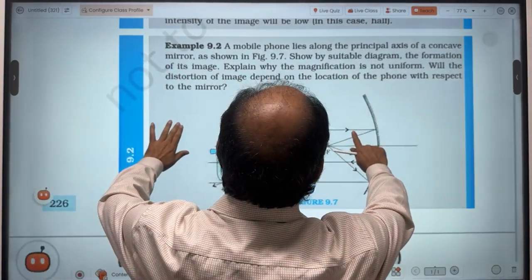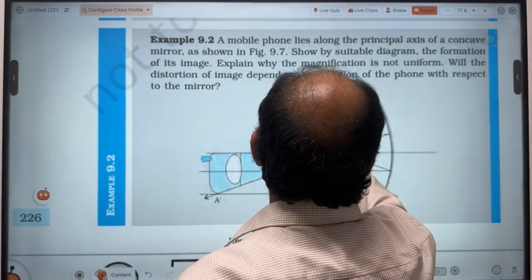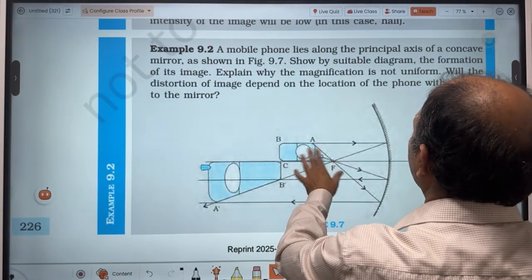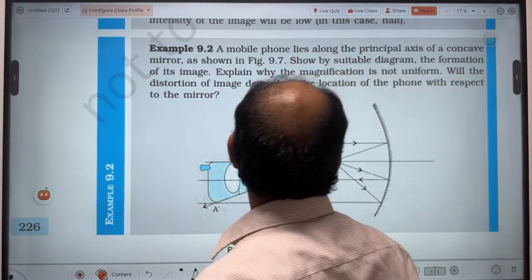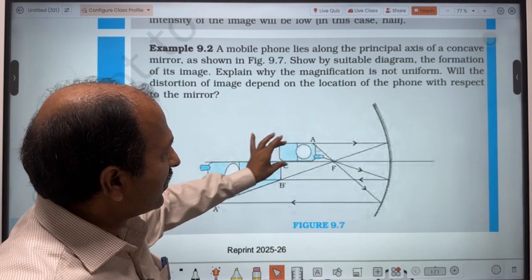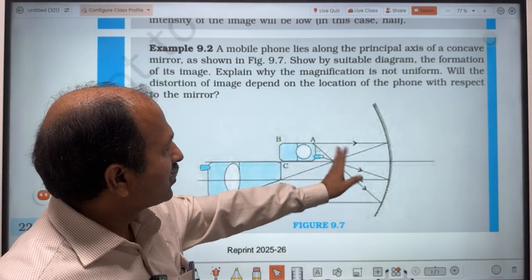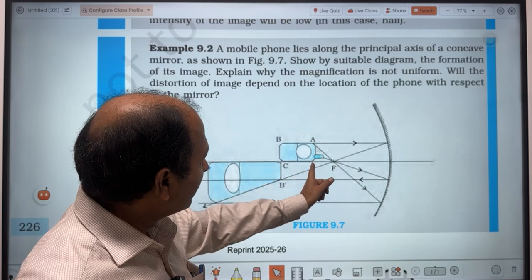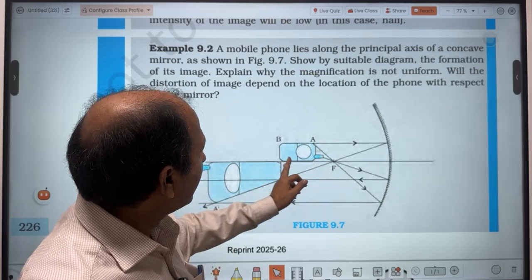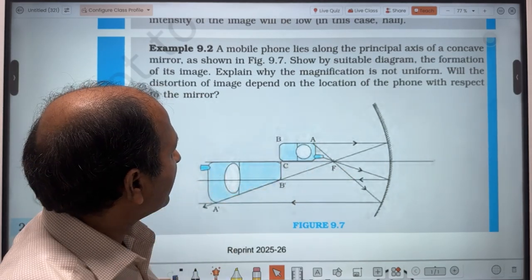Here there is one question, that if this is a mobile, then we have to show its image formation. So it's obvious what will happen. If we consider this object, we have to take two values of U, one from this point to here, and another from this point.